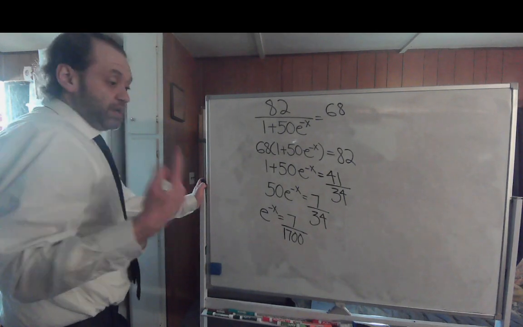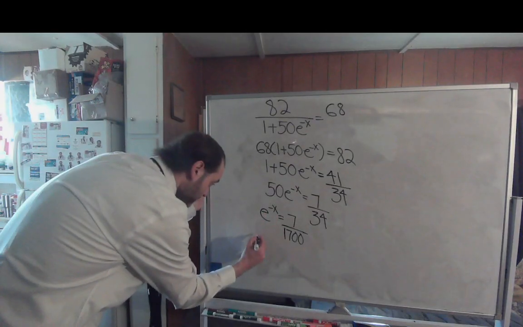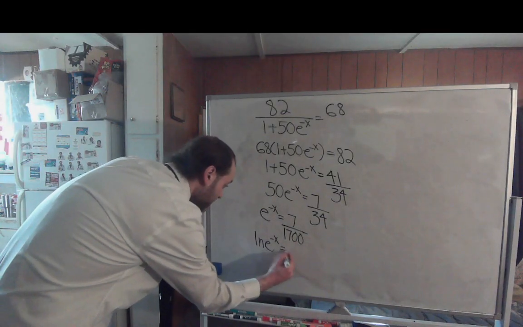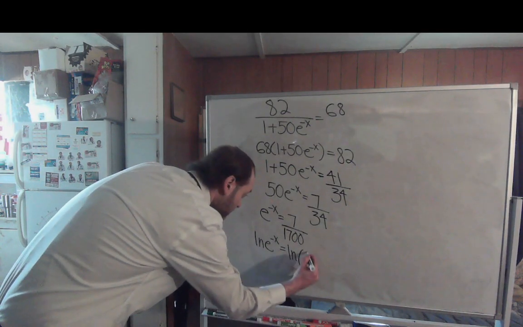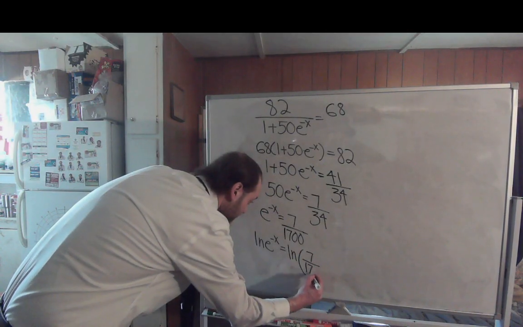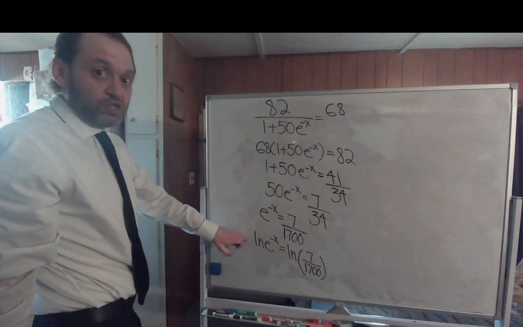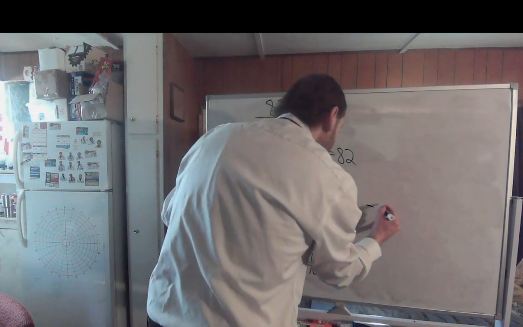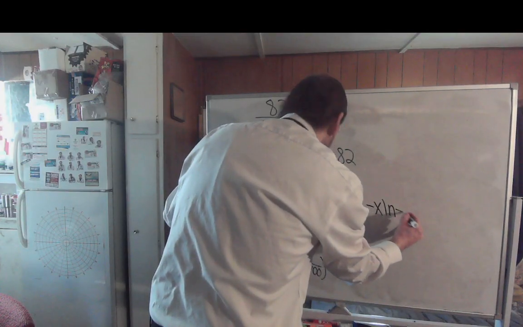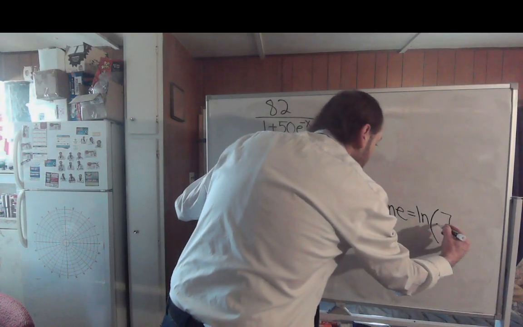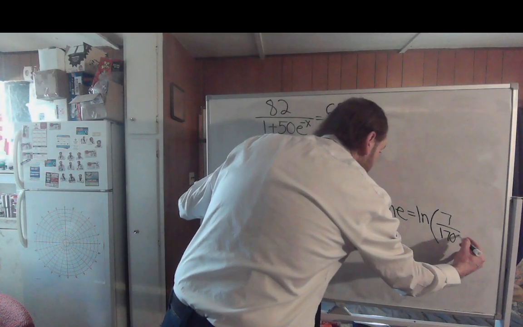Alright, so now we got to pull out the natural log to solve for x. So the natural log of e to the negative x equals the natural log of 7 over 1700. On the left side, you have a power rule, so you'll get negative x times the natural log of e equals the natural log of 7 over 1700.